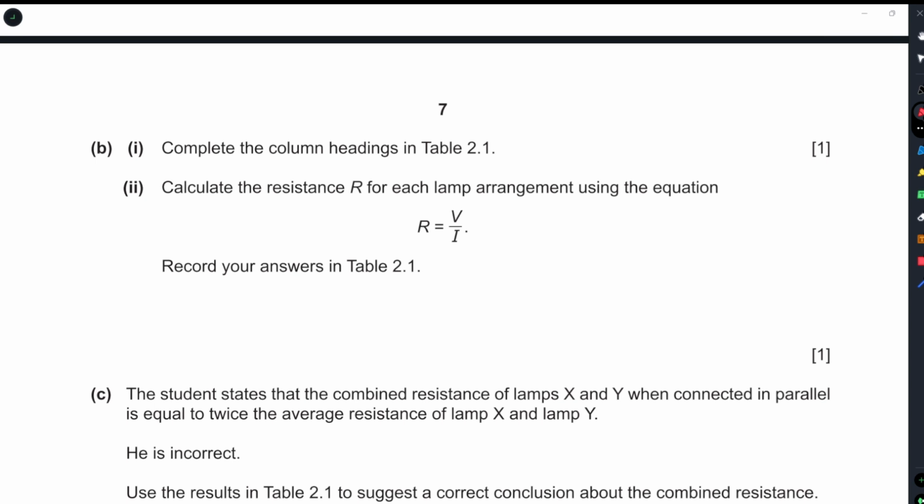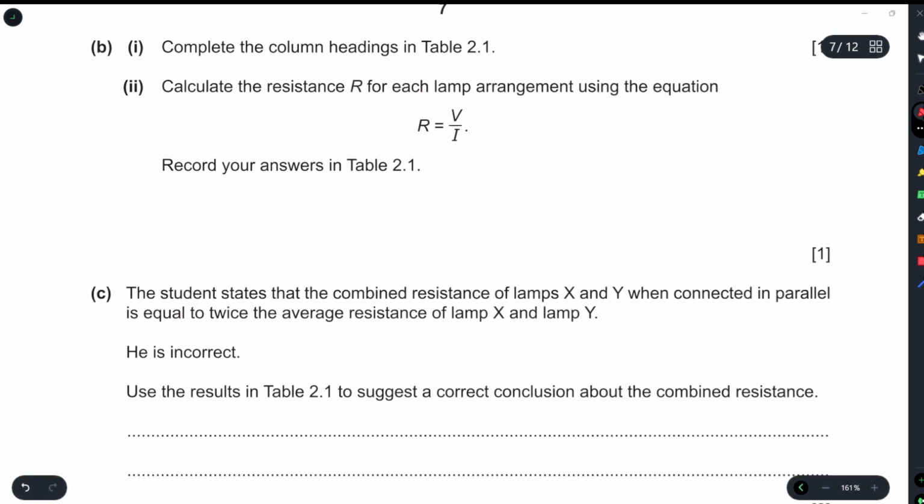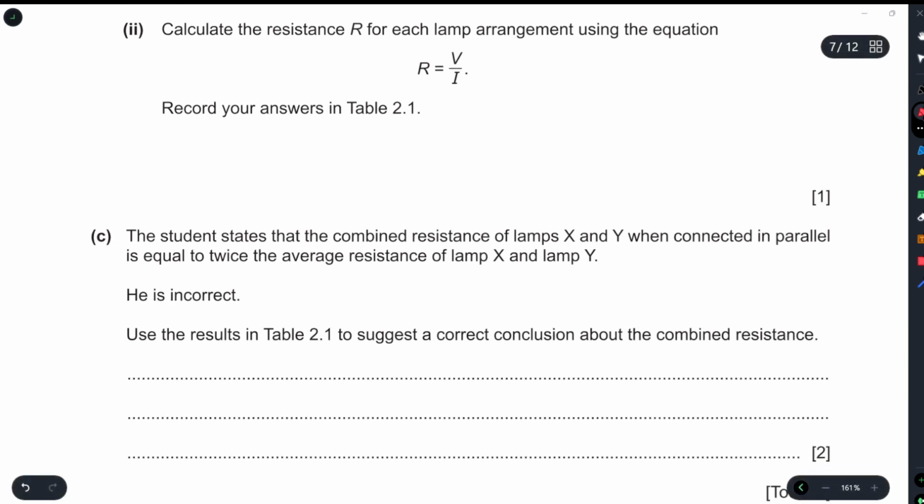अच्छा जी, complete the column headings, done. Calculate the resistance, done. The student states that the combined resistance of lamps X and Y when connected in parallel is equal to twice the average resistance of X and Y. ठीक है. He is correct.